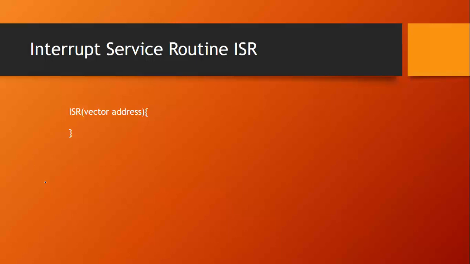So remember the interrupt service routine on the ATMEGA. The code always starts with ISR in capital letters, and then in the brackets you'll have the vector associated with the interrupt you want to occur. In your curly brackets is where you'll have your actual code of what it needs to do should that interrupt occur.